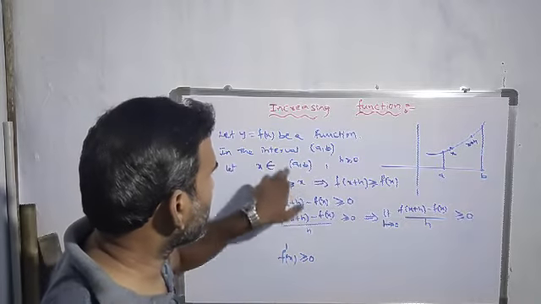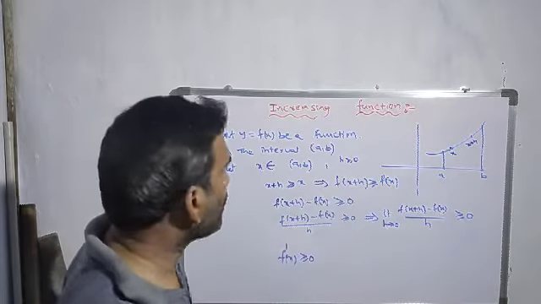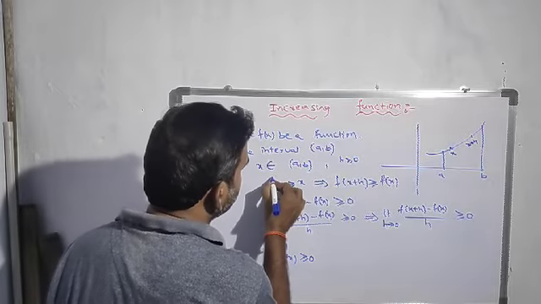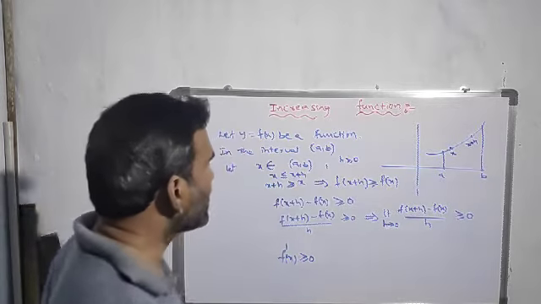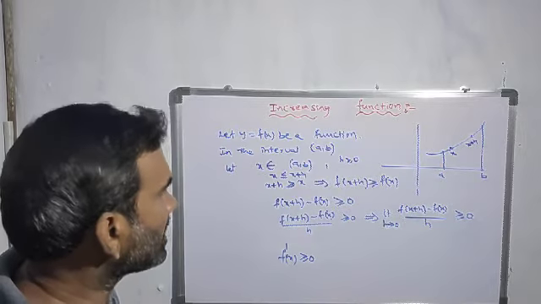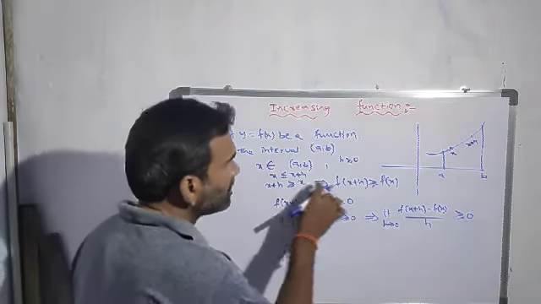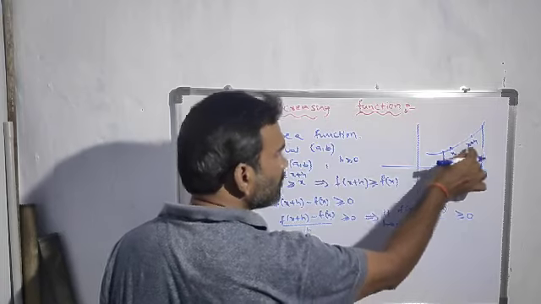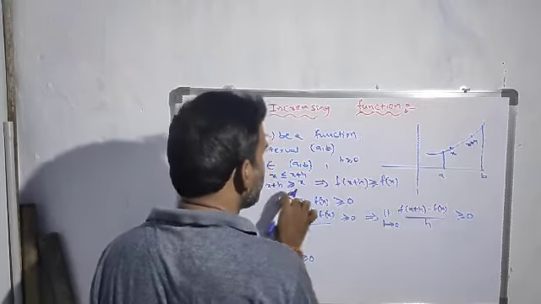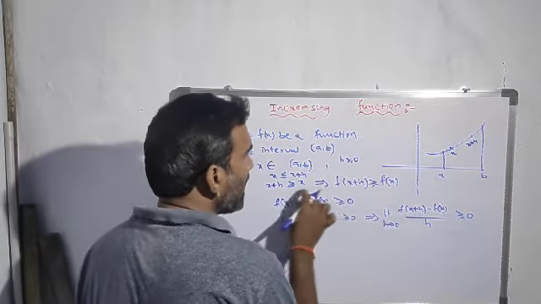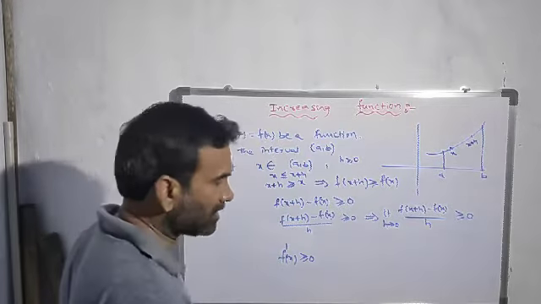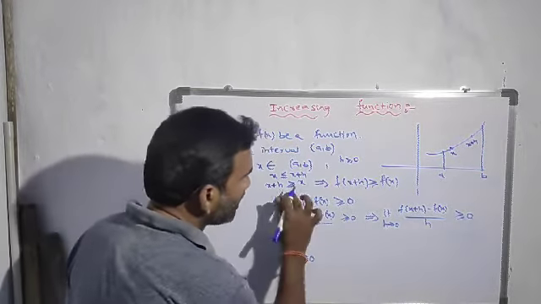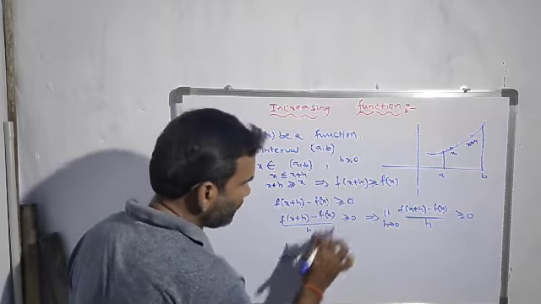That means here I am taking x less than or equal to x plus h, or x plus h greater than or equal to x, and I am applying the function. I am applying the concept of increasing function.